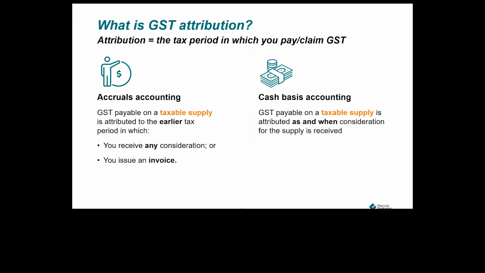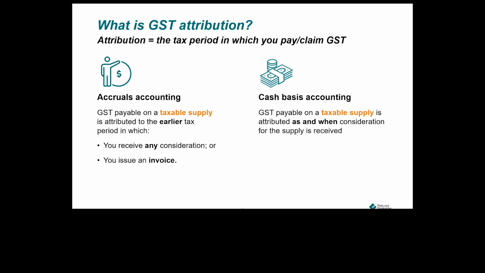As I said before, there is now only one method available under the amended JobKeeper rules that can be used for calculating your decline in turnover in the relevant periods, and that is the GST attribution method. What is the GST attribution method? It's effectively the method that you're required to use for business activity statement reporting purposes.